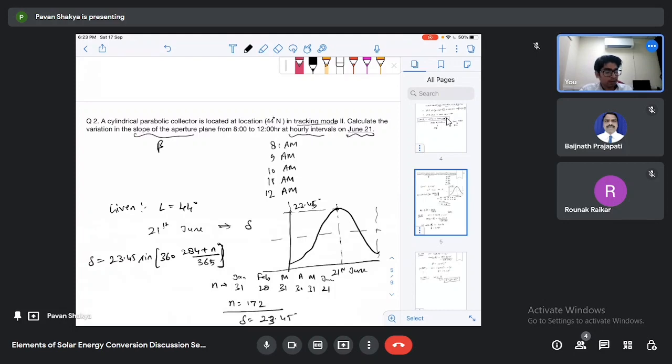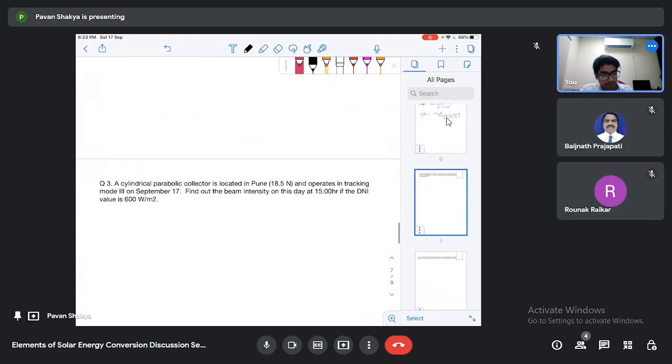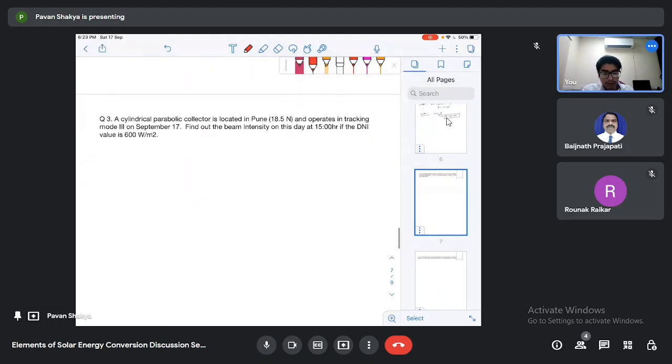Okay, so let's move to the next problem. In the next problem it has been asked that a cylindrical parabolic collector is located in Pune, the latitude angle is given, and it operates in tracking mode 3 on September 17.